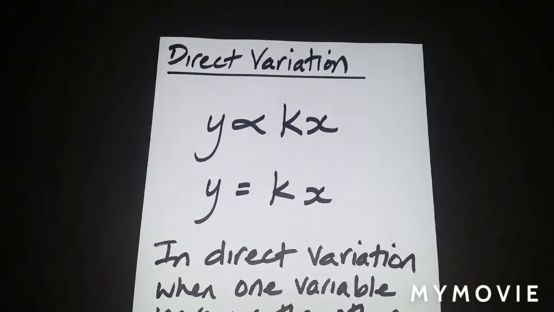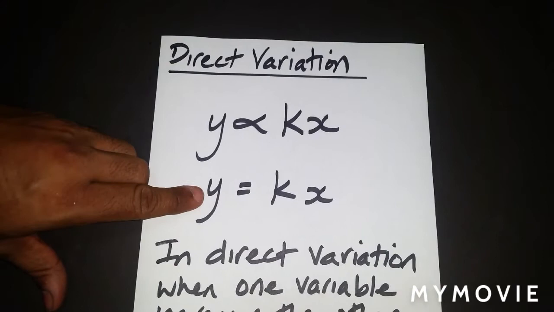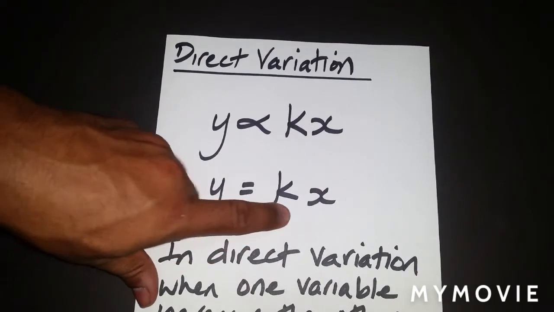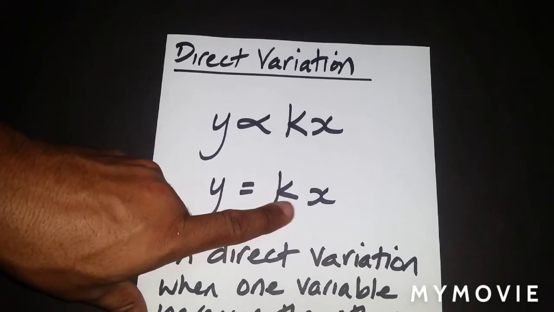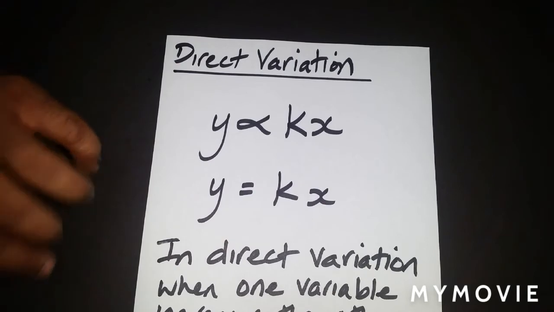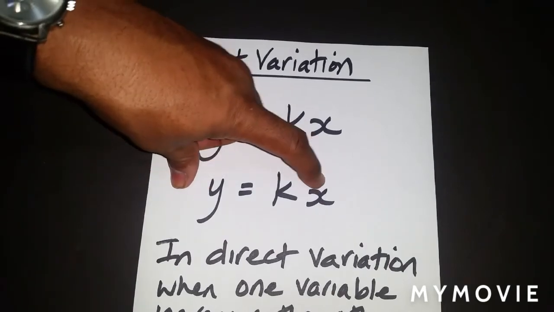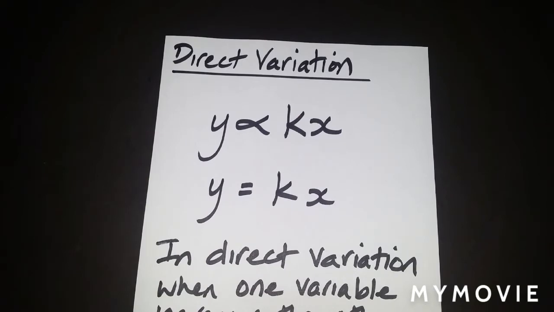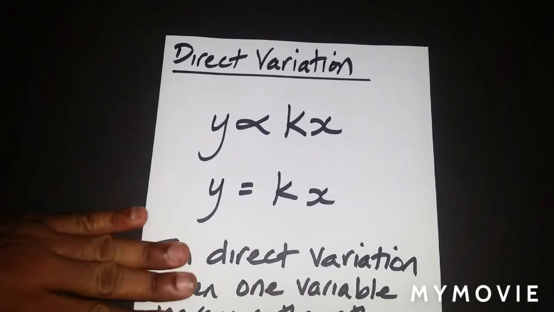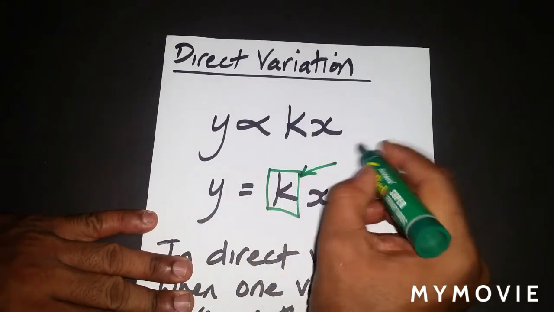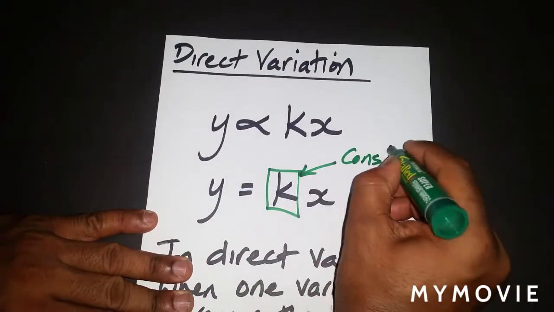Now, for direct variation, this is the formula that I want to look at. All right, y is equal to kx, and k is actually referred to as the constant of variation. So the two variables that relate to each other, y and x, and there's a k involved, and k is referred to as the constant of variation.